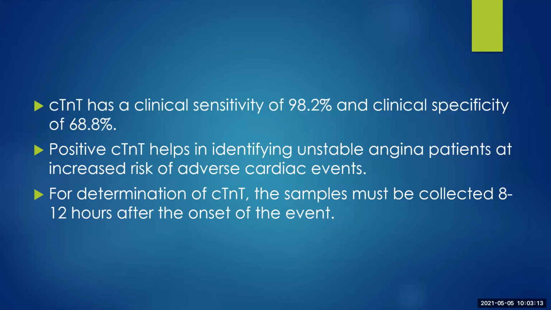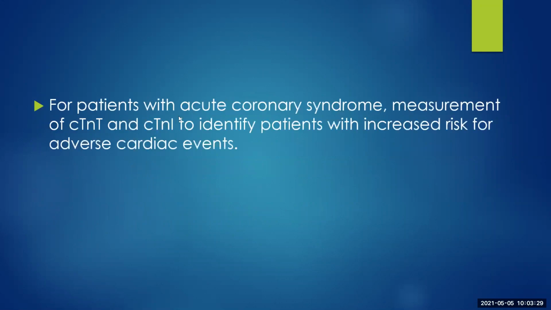For clinically correlating the diagnosis, we have to wait 8 to 12 hours after the cardiac event, and normally it takes that much time from the onset of the heart attack to get diagnosed. So that's one disadvantage. For patients with acute coronary syndrome, measurement of both cardiac troponins is very important to identify patients with increased risk for adverse cardiac events.